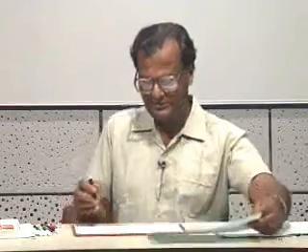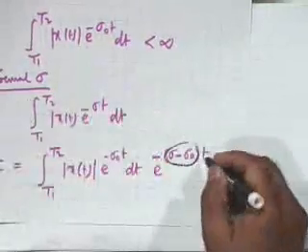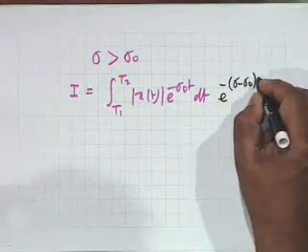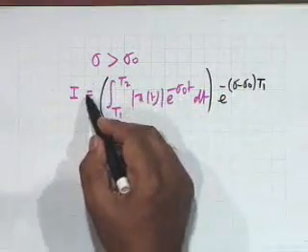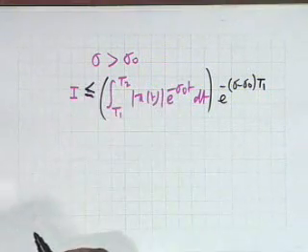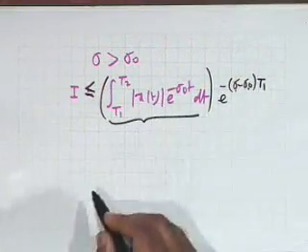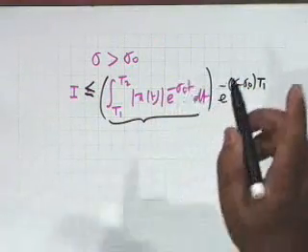And therefore, capital I should be, if I take this exponential factor outside and put small t equal to capital T1, then e to the minus sigma minus sigma 0 capital T1, times the integral, and obviously this shall be less than or equal to. Since sigma is greater than sigma 0 and this is less than infinity, by definition the Laplace transform converges for some sigma equal to sigma 0.